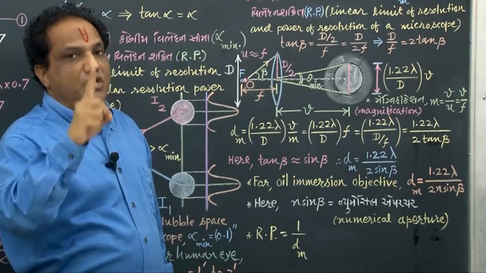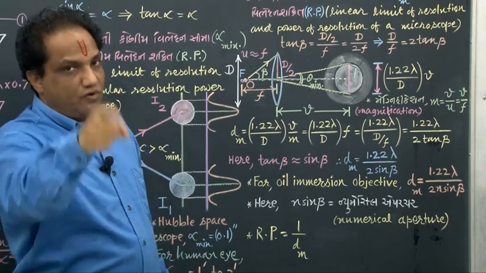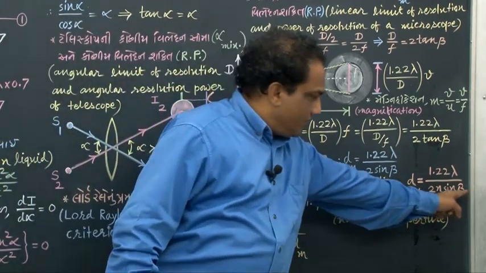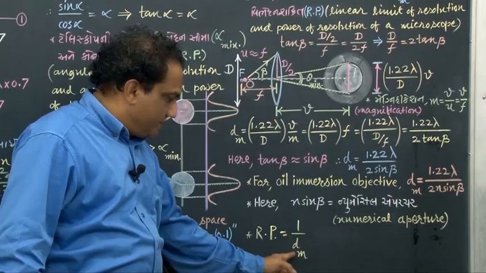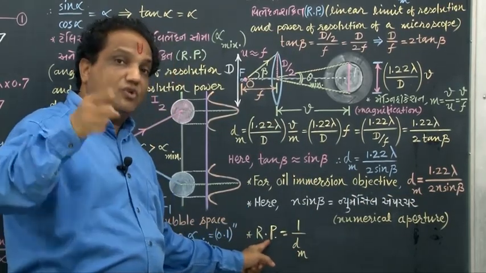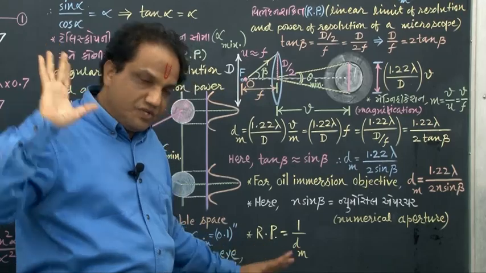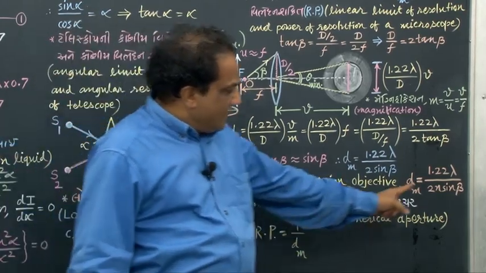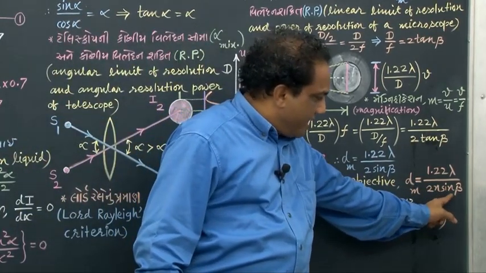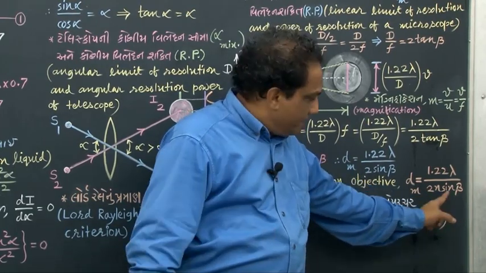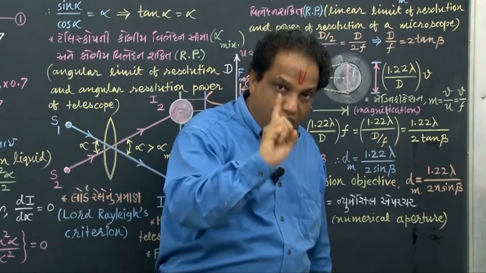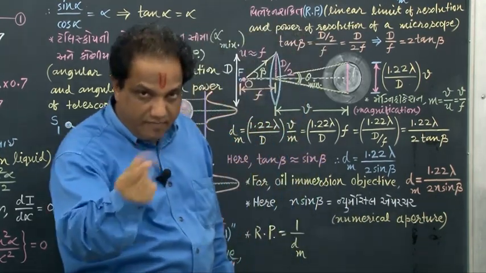So after using oil immersion objective, you can increase this denominator, you can decrease this linear limit of resolution, and after decreasing this, you can increase linear resolution power. Got it? Here in the denominator, n into sin beta, this part is unitless, dimensionless.